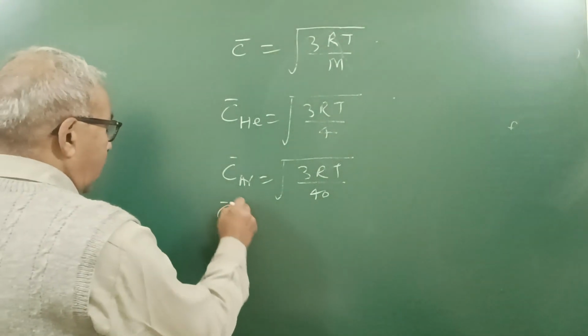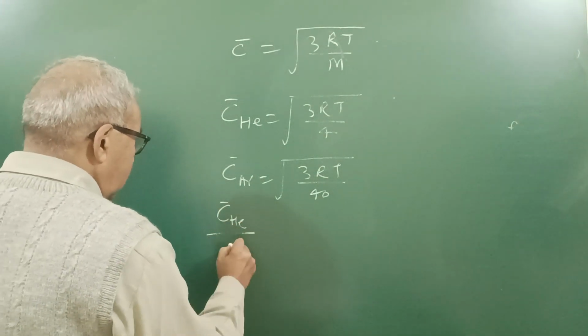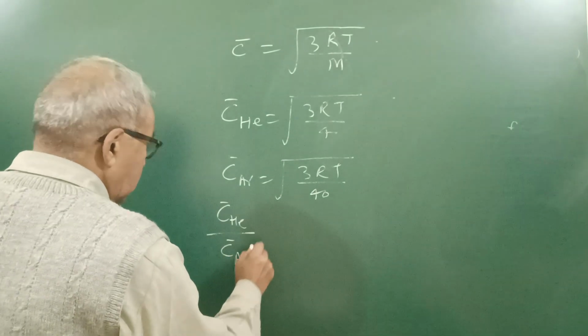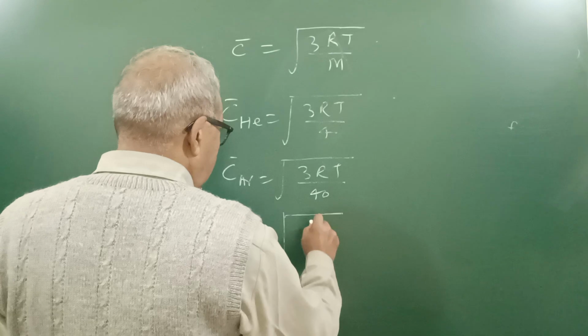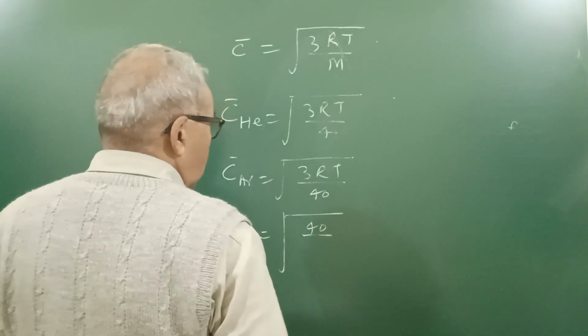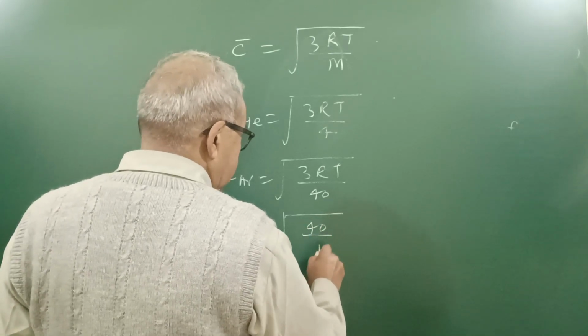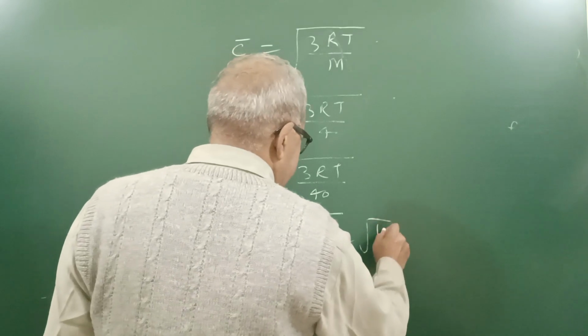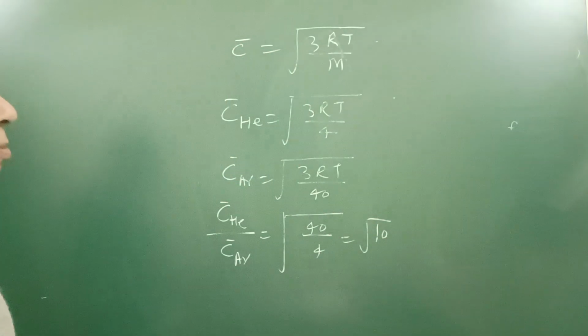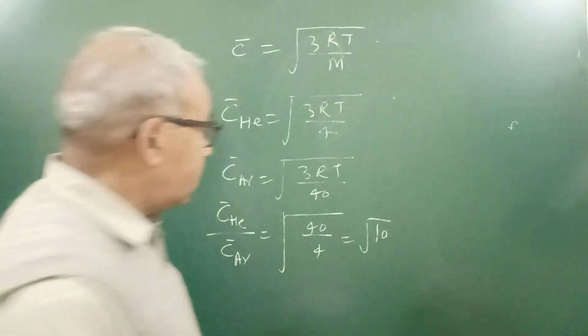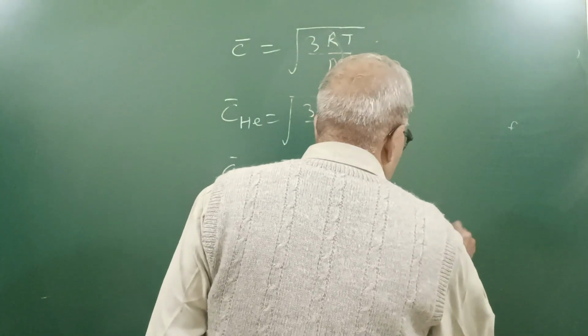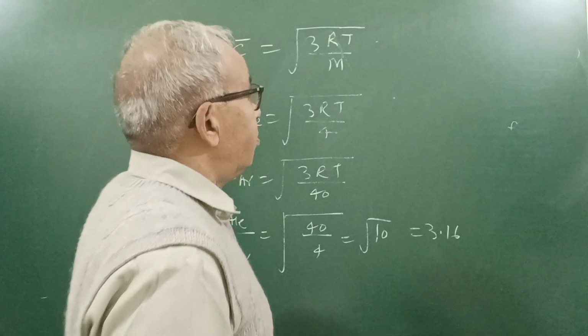So C bar He upon C bar argon is equal to 40 upon 4 under root. It is root 10. And remember, root 10 is 3.16. Some things you should remember.